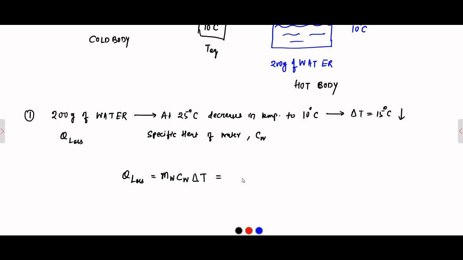So the mass of water is 200 grams, specific heat of water 1 calorie per gram per degree Celsius, and change in temperature of 25 minus 10, that is 15 degrees Celsius. So it is equal to 3000 calorie. This is the net loss of heat.